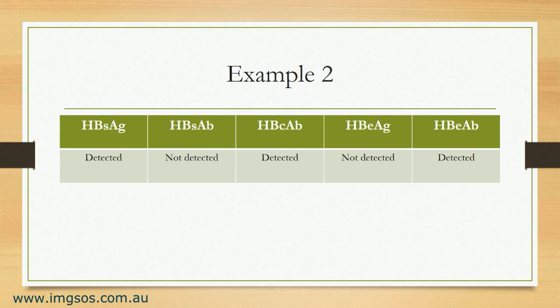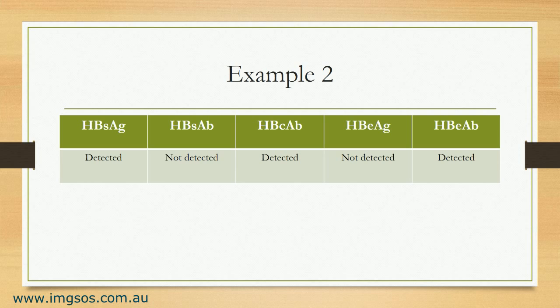Let's work through it. So they've got surface antigen detected and core antibody detected, so this is virus, not vaccine, okay? Because otherwise you wouldn't have core. Surface antibody is not detected, so while there's surface antigen, there's no immunity yet. Core antibody is detected, so we know it's virus.